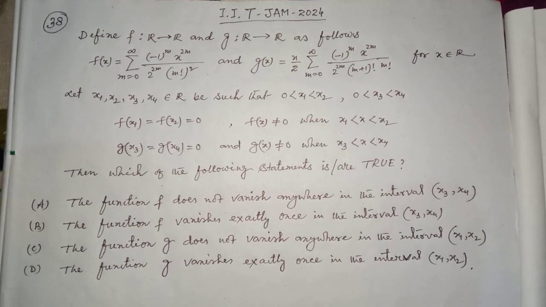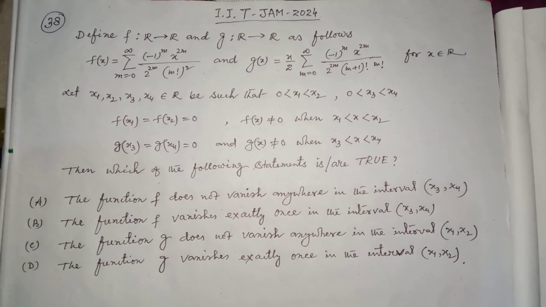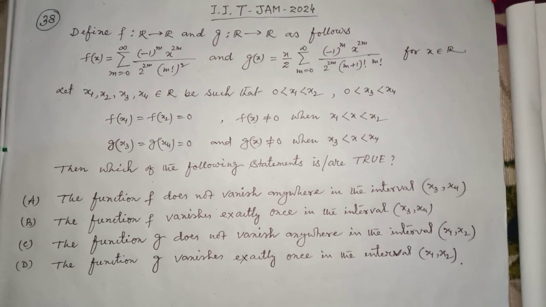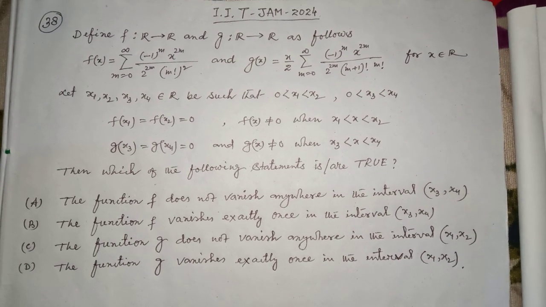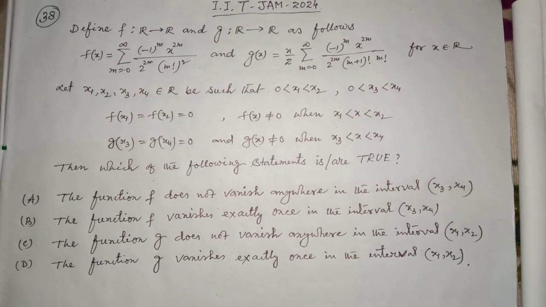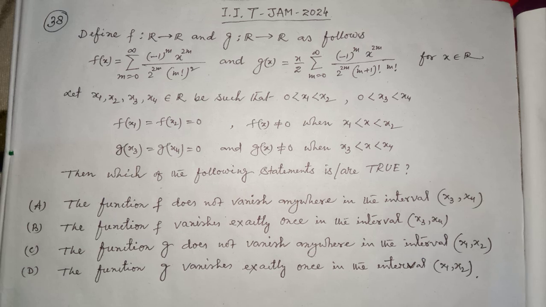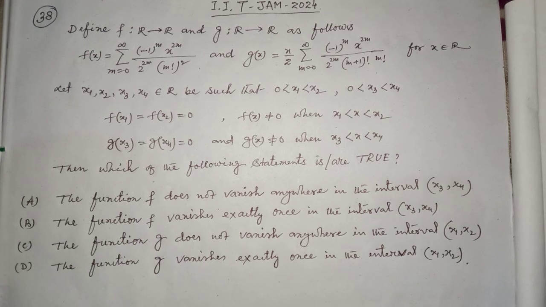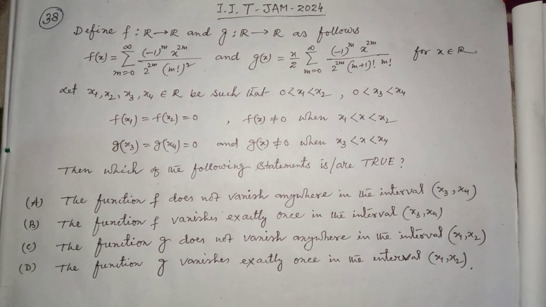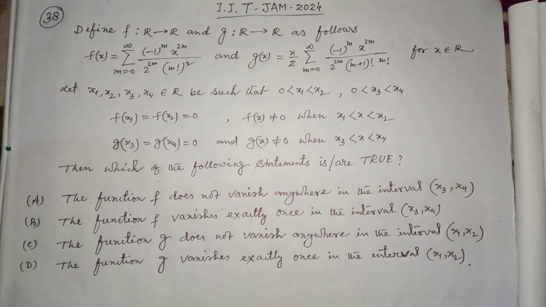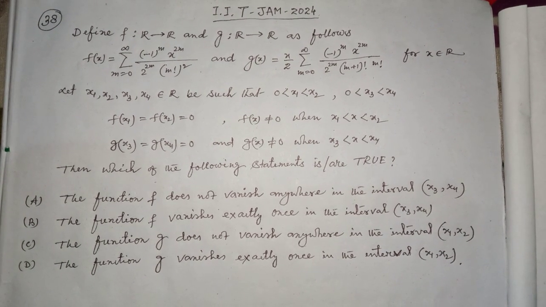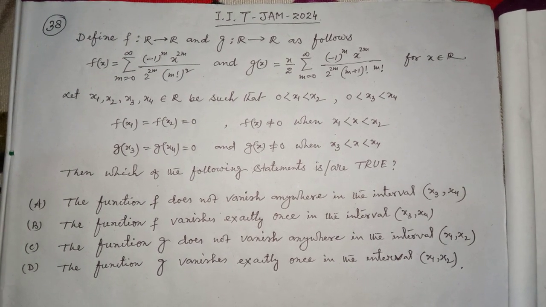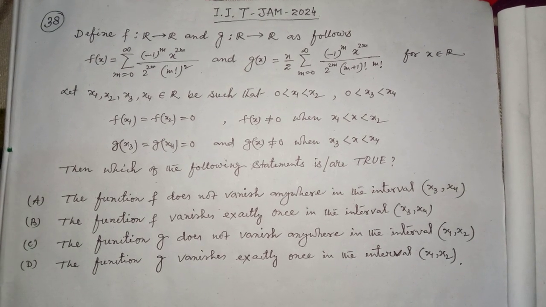Let x1, x2, x3 and x4 belong to R be such that 0 < x1 < x2, 0 < x3 < x4. f(x1) is equal to f(x2) is equal to 0, and f(x) is not equal to 0 when x1 < x < x2. g(x3) is equal to g(x4) is equal to 0, and g(x) is not equal to 0 when x3 < x < x4.